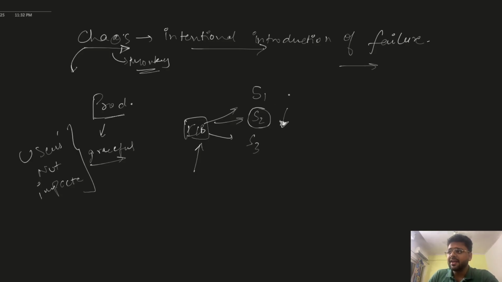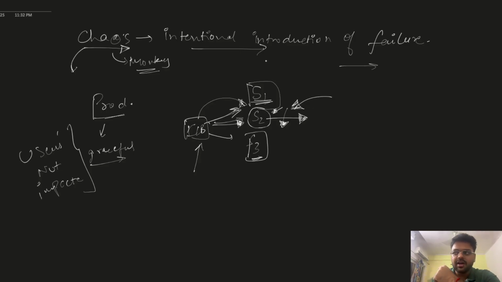At this point, the load balancer performs health checks on the servers, sees whether that server is down, up, running, or healthy, removes it from the connection pool as we have discussed, and forwards the requests to S1 and S3. And as soon as the server comes back up, requests start coming to S2 as well.